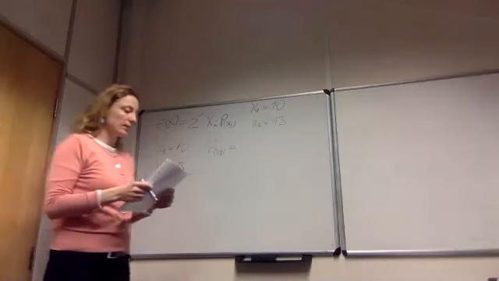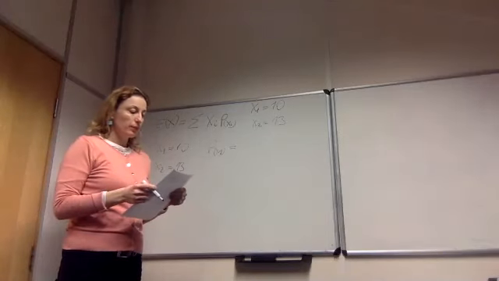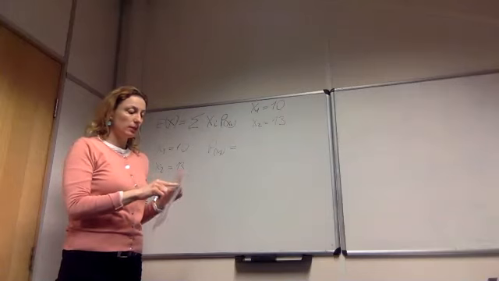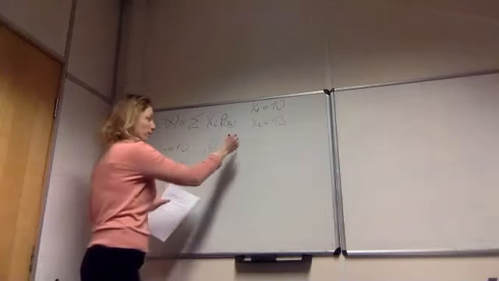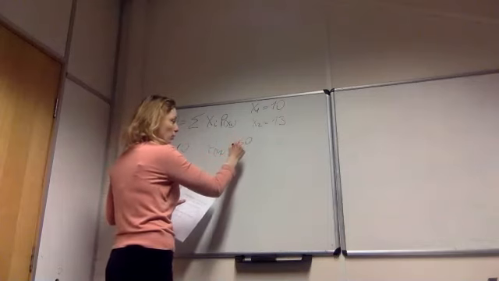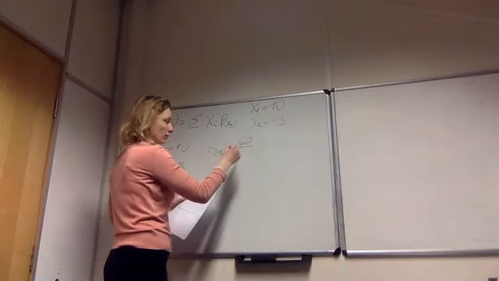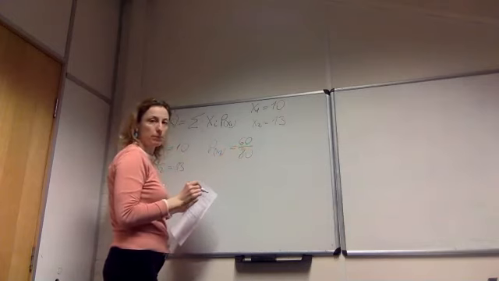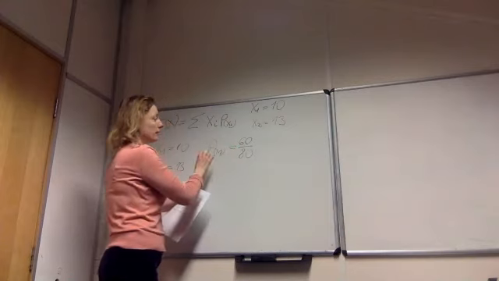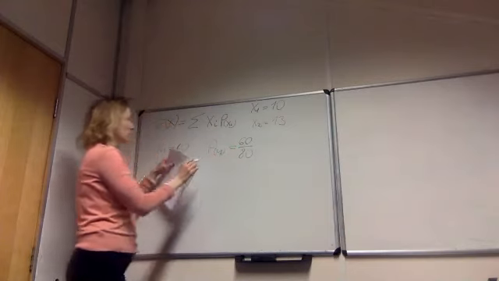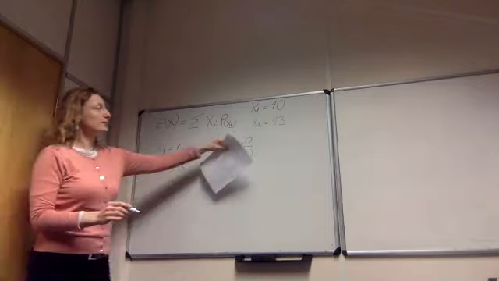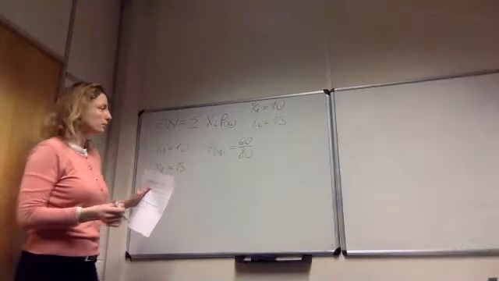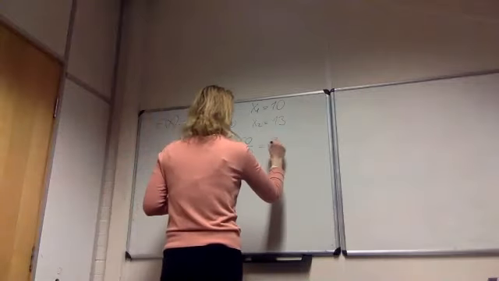How many people earn $10 according to the exercise? It's 60 out of how many? The total number is 80. So the probability that someone earns $10 is 60 divided by 80, because 80 is the total number of employees. That is 3/4.